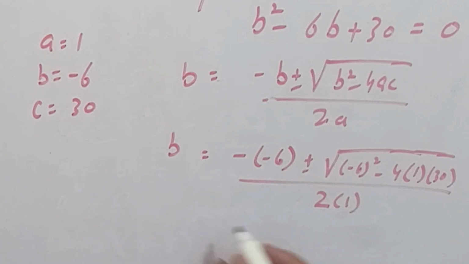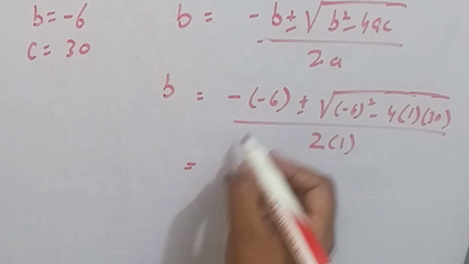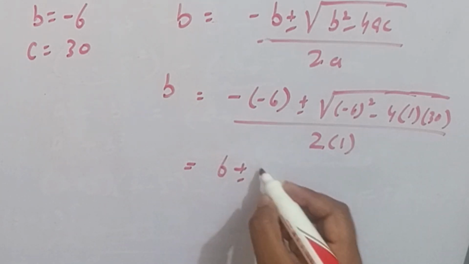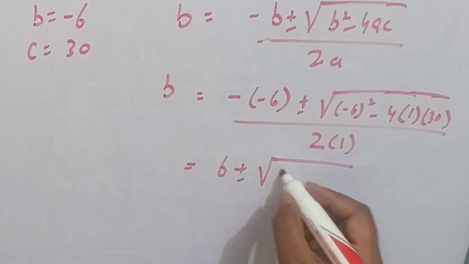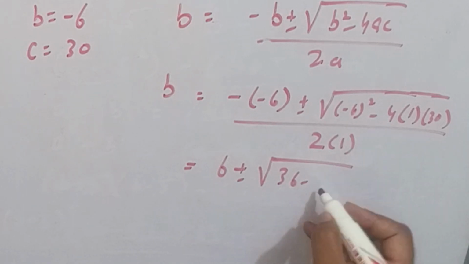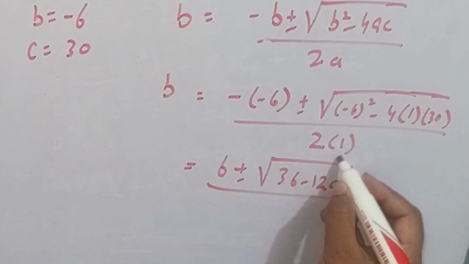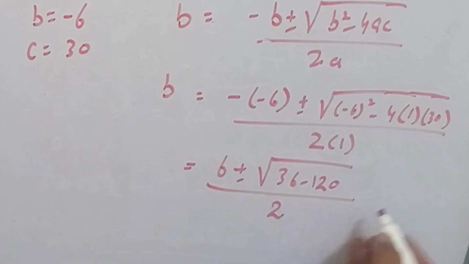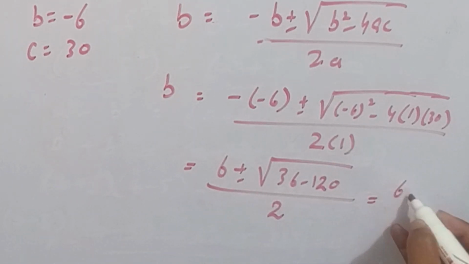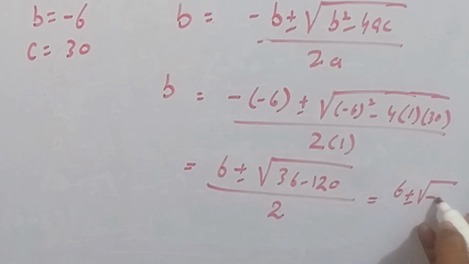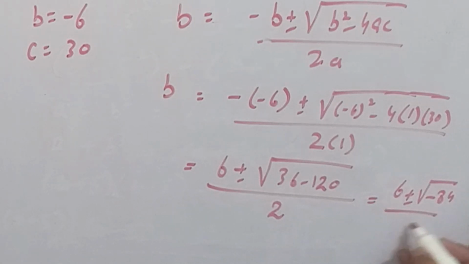Now we simplify this. Negative negative will become positive, so we have positive 6. Negative 6 square is 36. Multiply these values, then we get 120 over 2 ones are 2. So this is equal to positive 6 plus minus, subtract these two values, then we get negative 84 over 2.